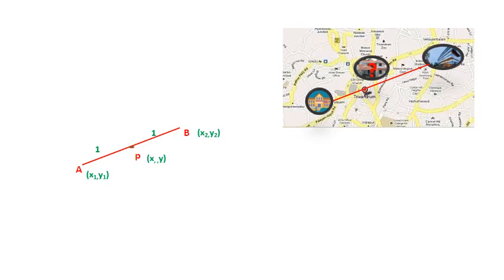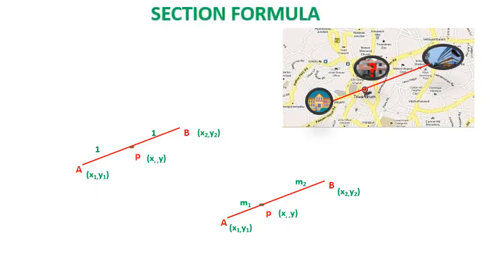However, in this session, we will create a general formula to determine the coordinates of a point, say P, which divides the line segment joining two points A and B in a specific ratio m1:m2. That is called the section formula, and that is what we are going to learn in this section.